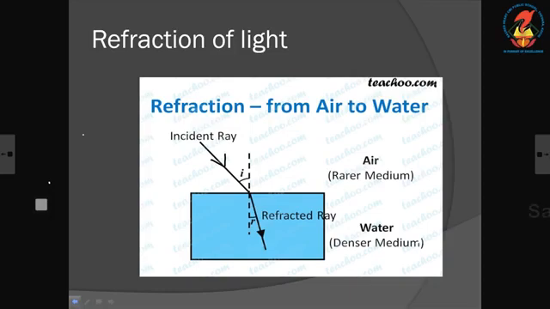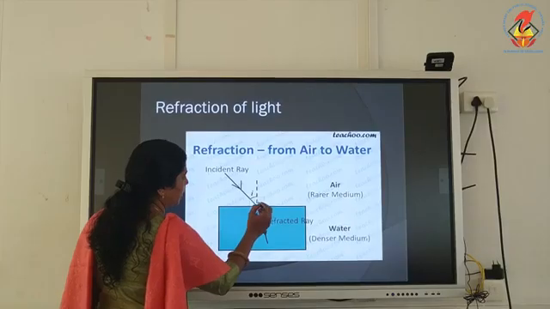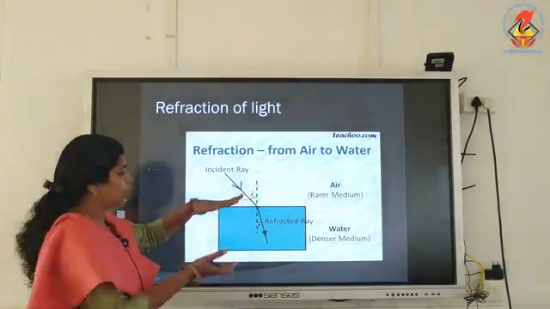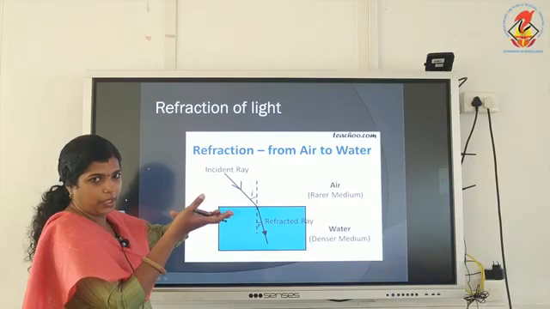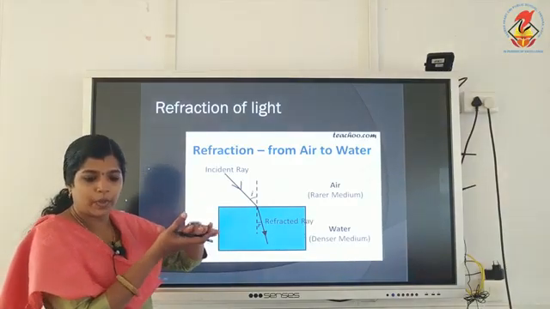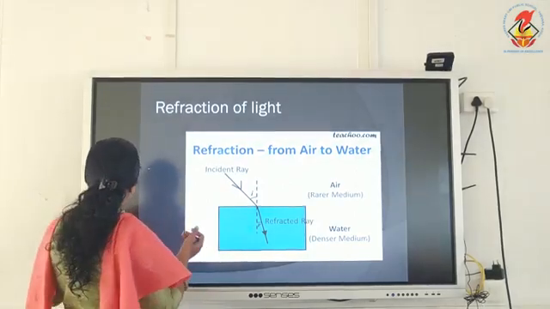This is a point of intersection. At this point, the ray of light meets the surface of the two separating media. So we can name it like this.